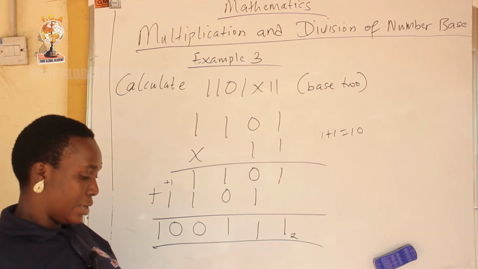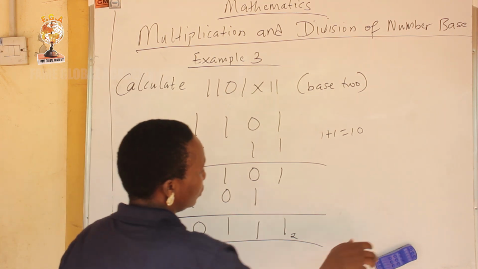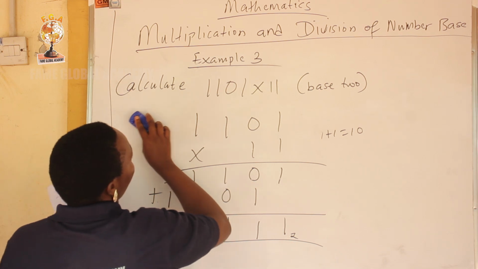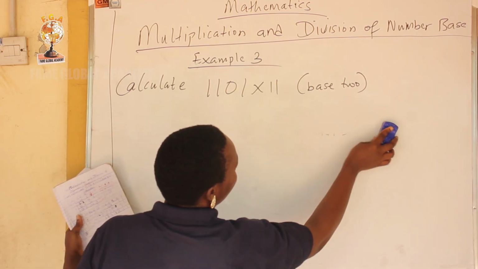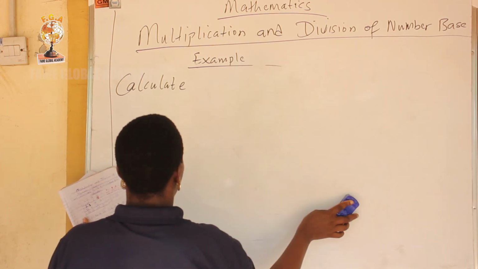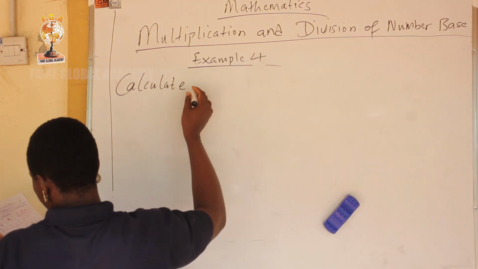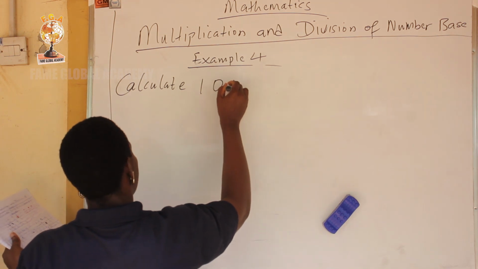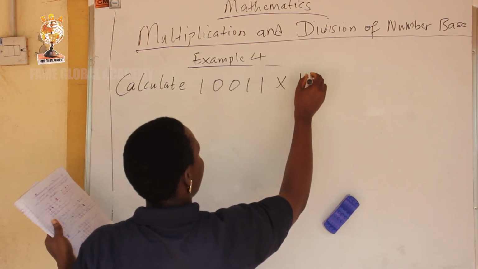Now let's take another example under binary, example 4. Okay, example 4, say calculate 10011 times 101.